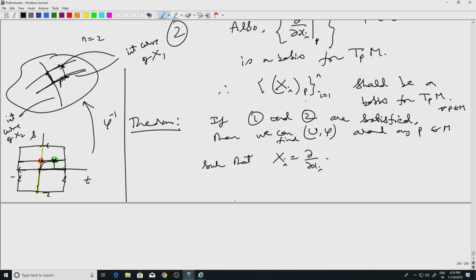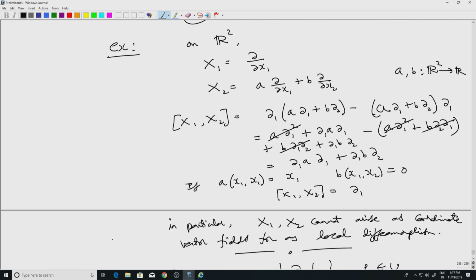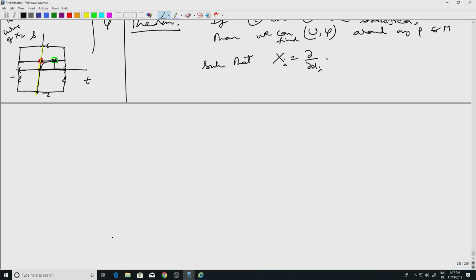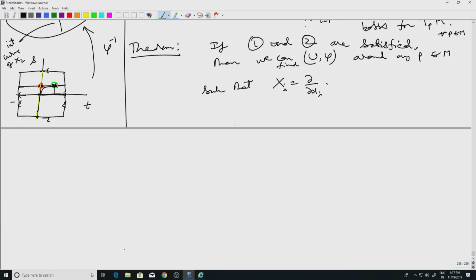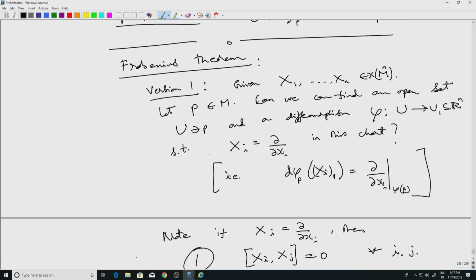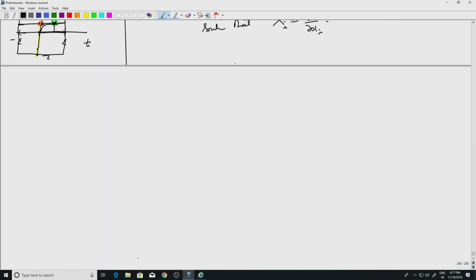The other one has to do with integral submanifold. So this is the chart version. Version 2.